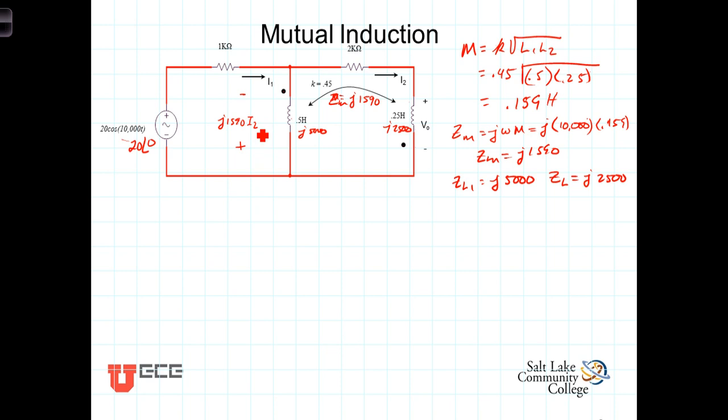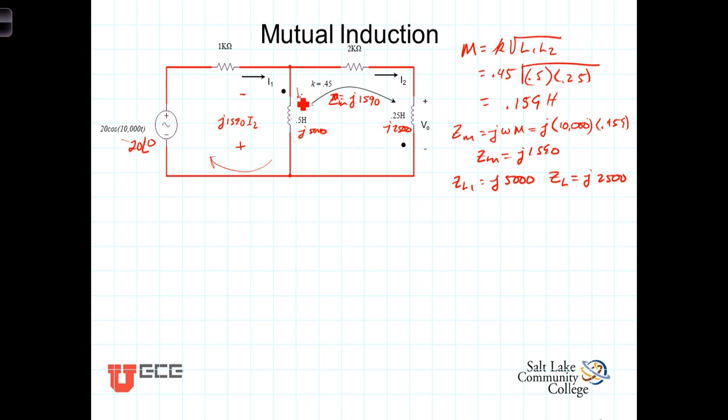Now, over here, the voltage that's induced in this coil due to the current in this coil is going to be a little bit tricky because the current in this coil isn't just I1. I1 we're calling this mesh current. I2 we're calling that mesh current. So the current going through this coil is going to be I1 minus I2. And that gives us the current that's entering the coil going from the top down.